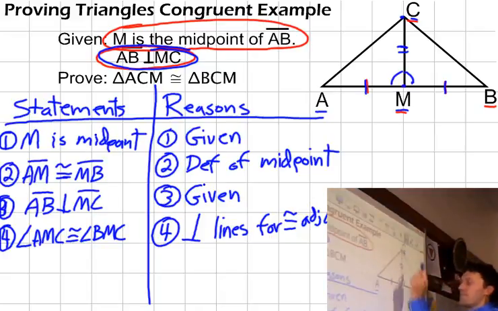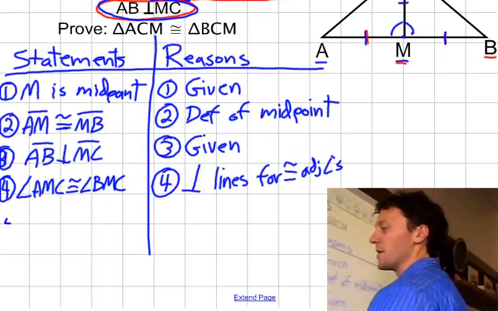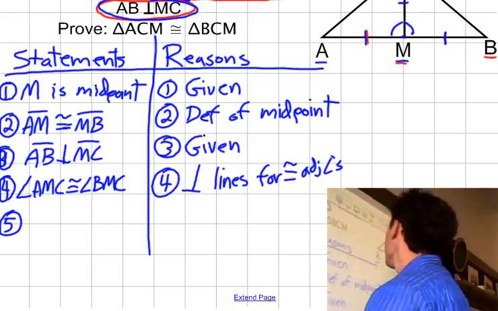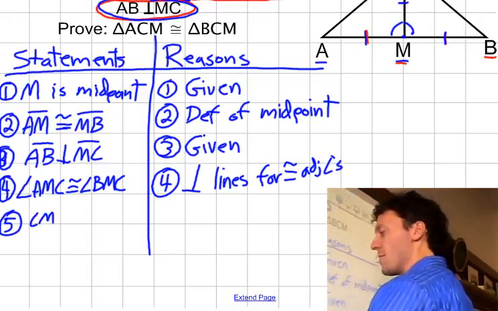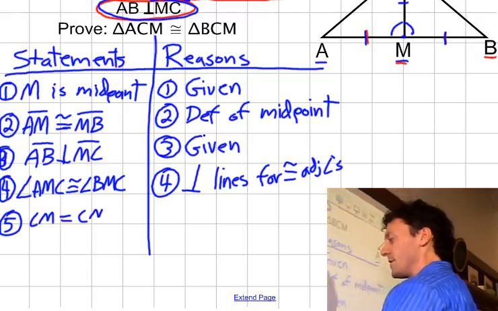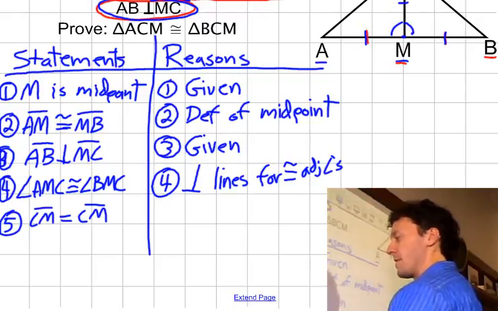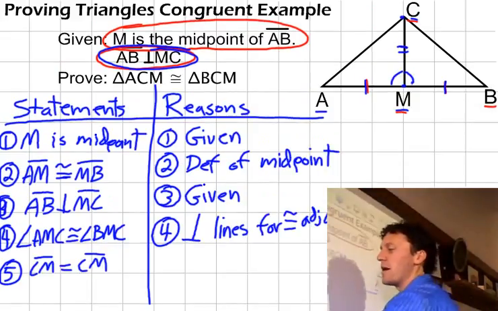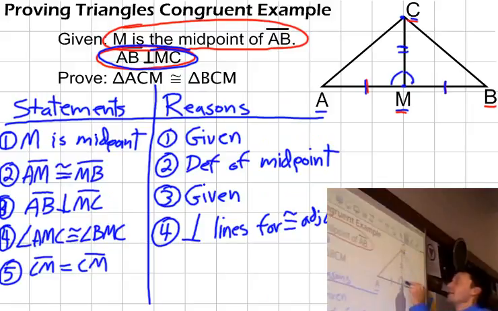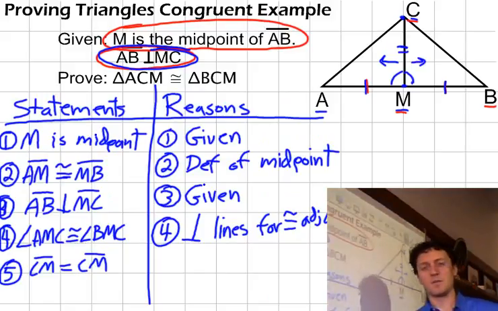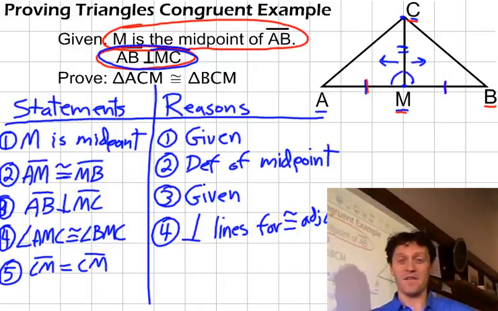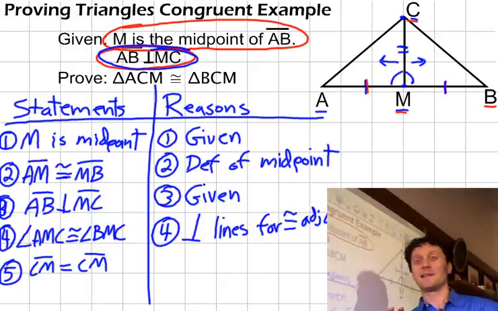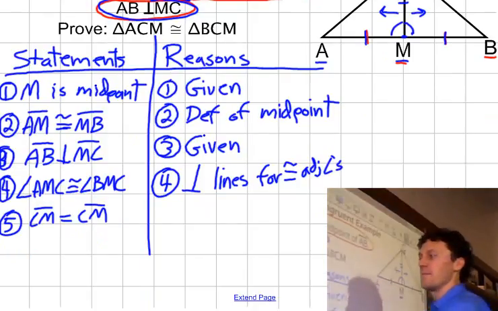We can just simply say that CM is congruent to CM. Because we're talking about the line segment CM of this triangle, and then we're talking about the line segment CM of this triangle. I know it's the same line segment, but we need to state it so we have that piece of the puzzle. We have that side in the side angle side.